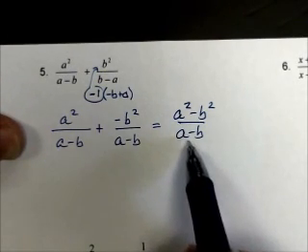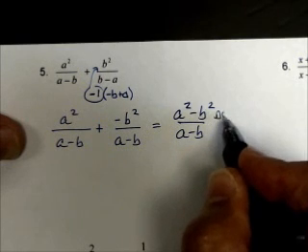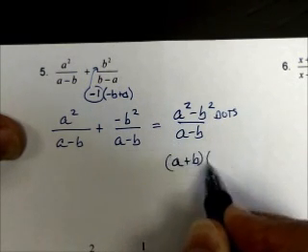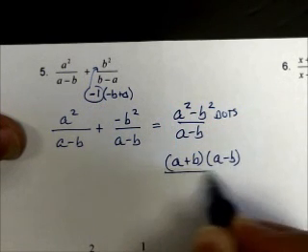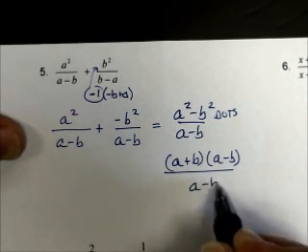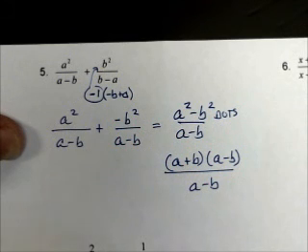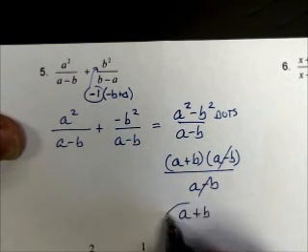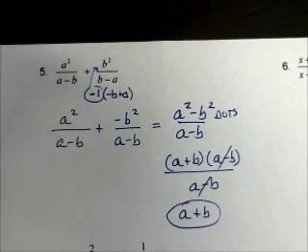Can this be simplified? Yes. This is a difference of two perfect squares. a plus b times a minus b over a minus b. And the a minus b's divide out, so our answer is a plus b over 1, which is simply a plus b.